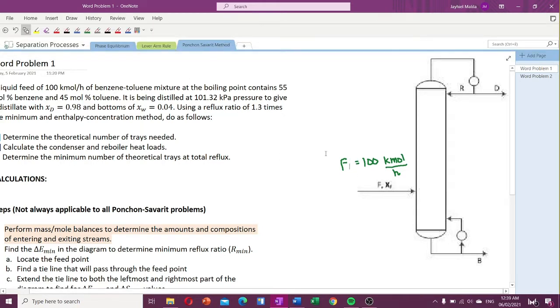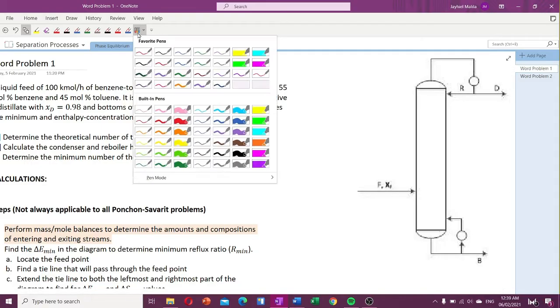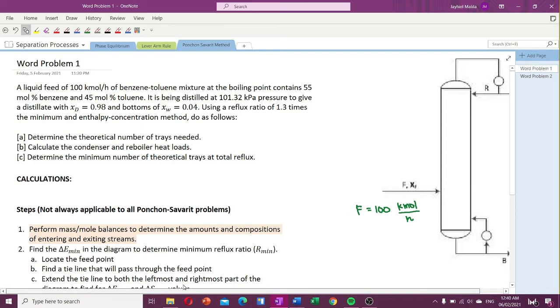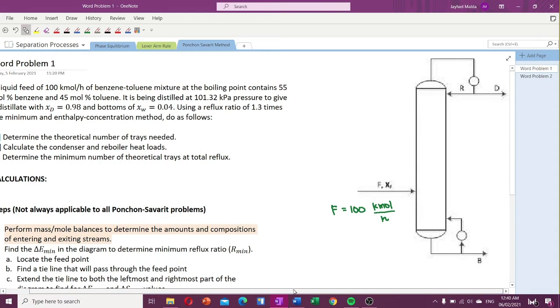So the entering feed stream has a flow rate of 100 kilomoles per hour, and it has a composition of 55 mole percent benzene and 45 mole percent toluene.